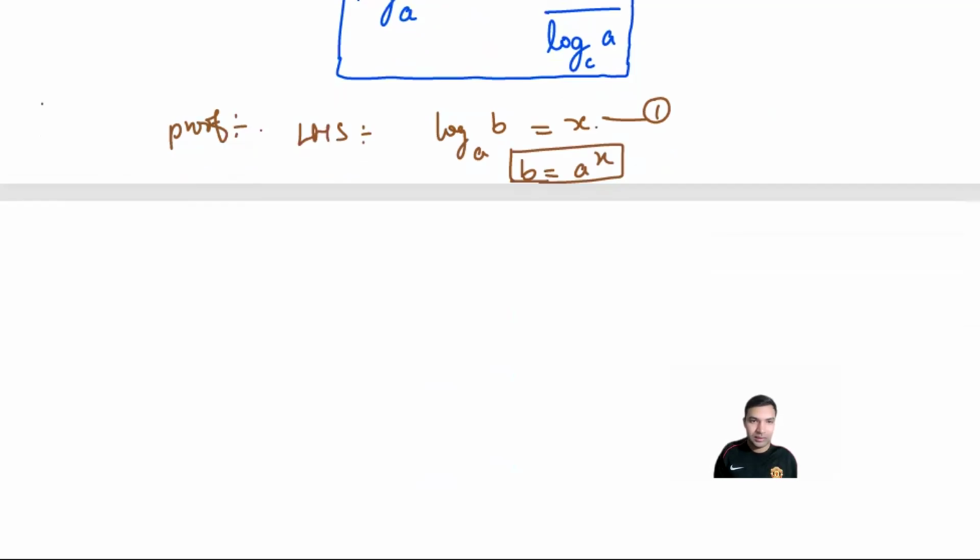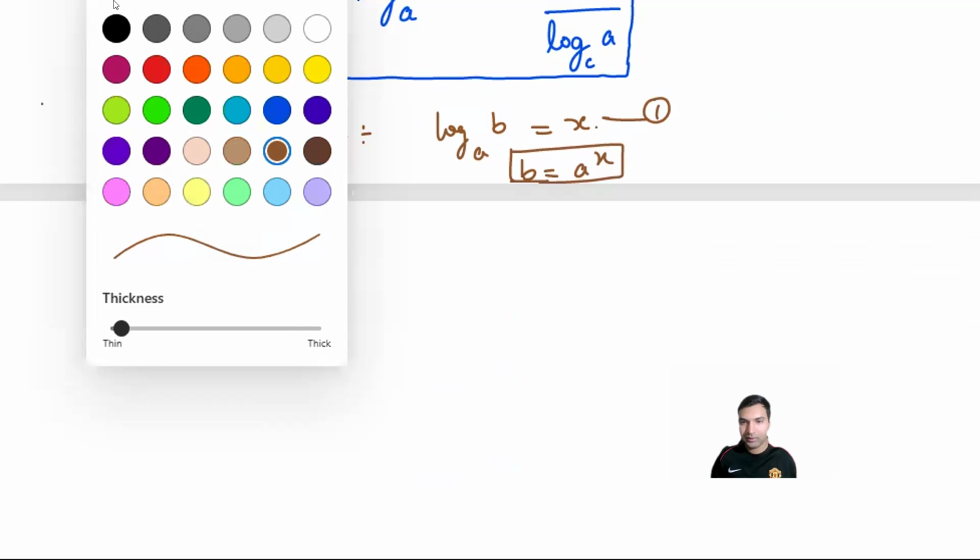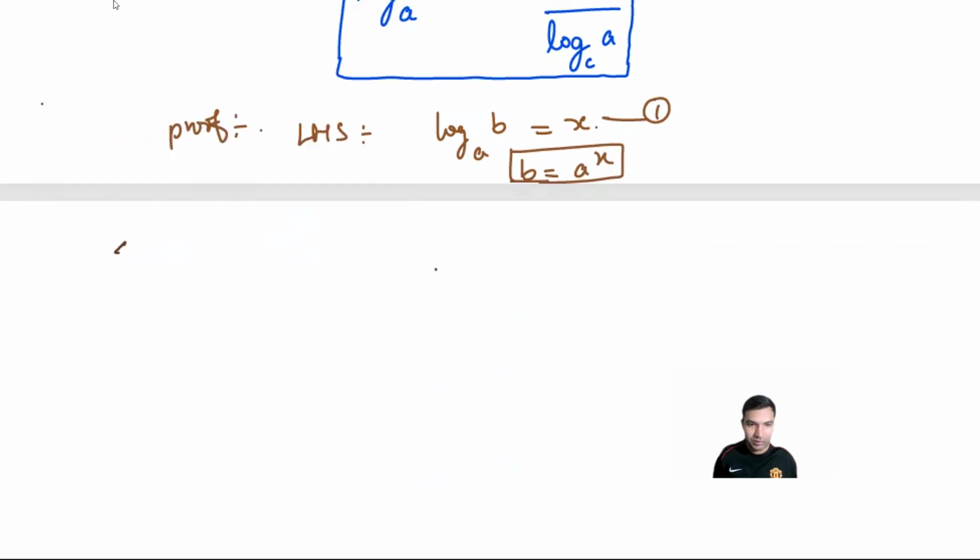Now, as we have seen earlier, the concept says if two numbers are equal, say 4 is equal to 4, then if I take log of both sides, they will also be equal. So since b is equal to a to the power x, LHS is equal to RHS.